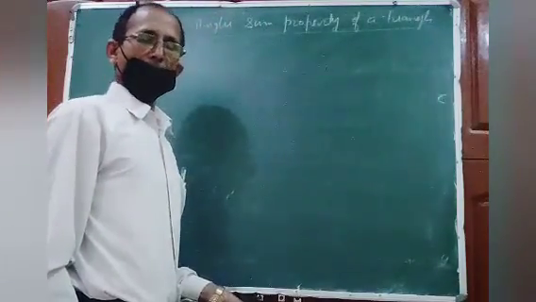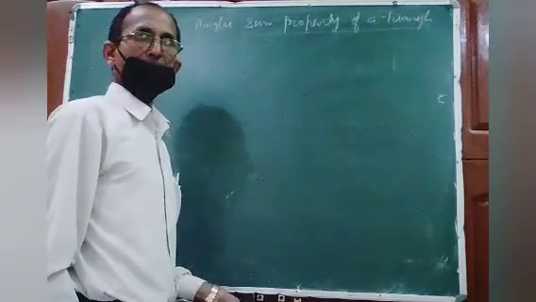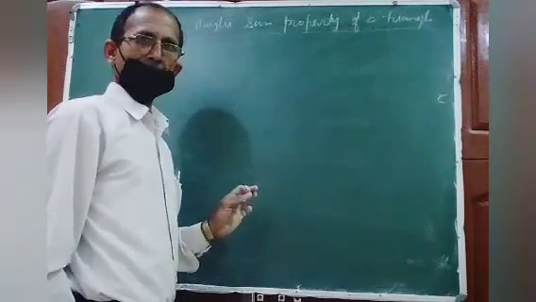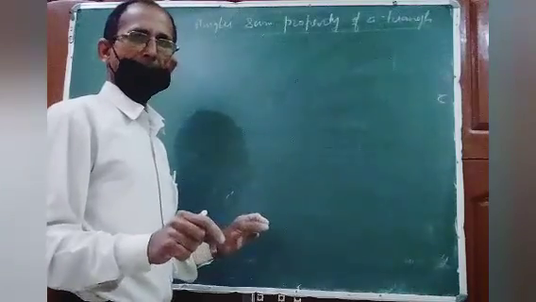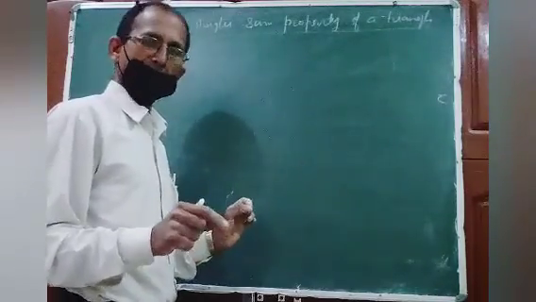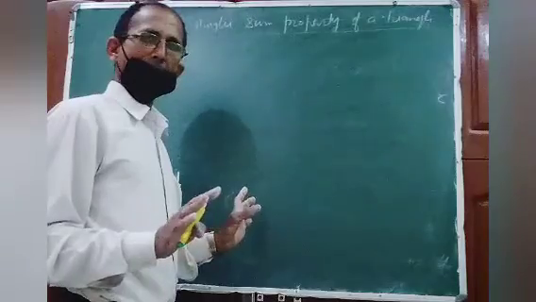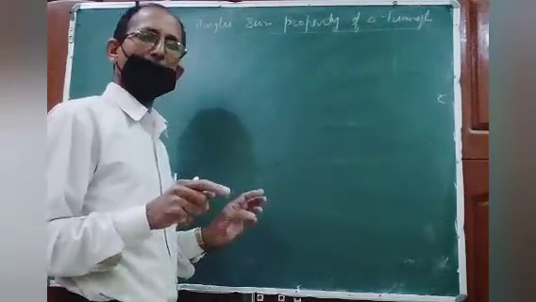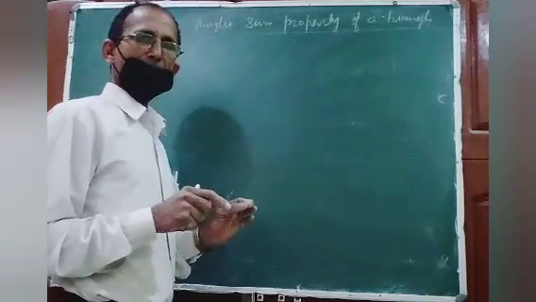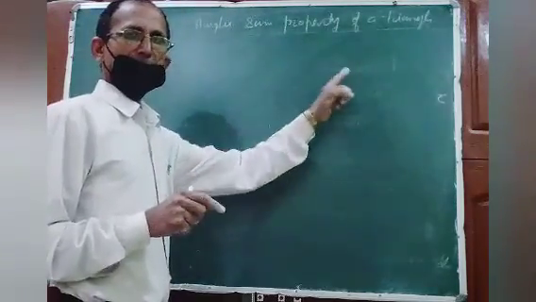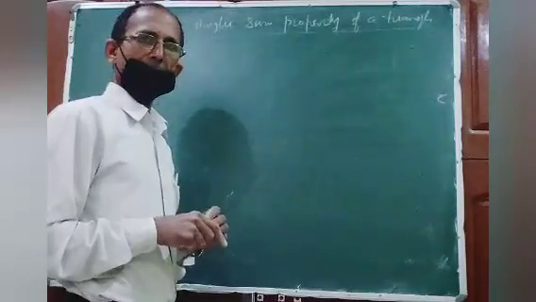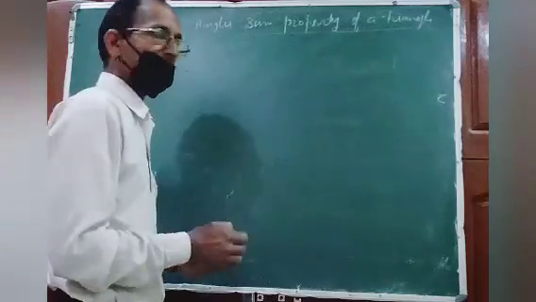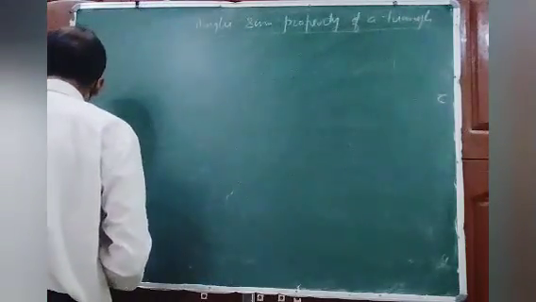You all know that the sum of the angles of a triangle is 180 degrees, because the sum of the interior angles of a triangle is 180 degrees. You have heard about this and used it also, but in this section we will prove it. We will prove it stepwise.